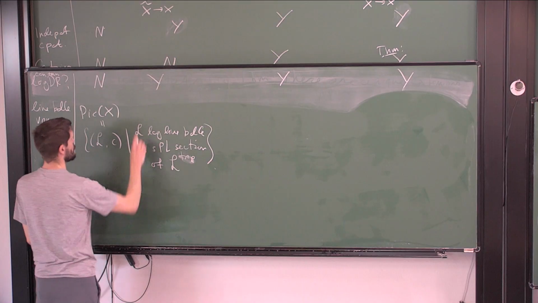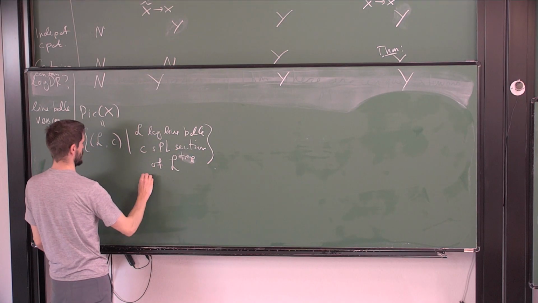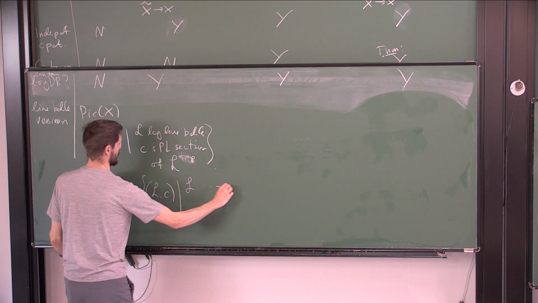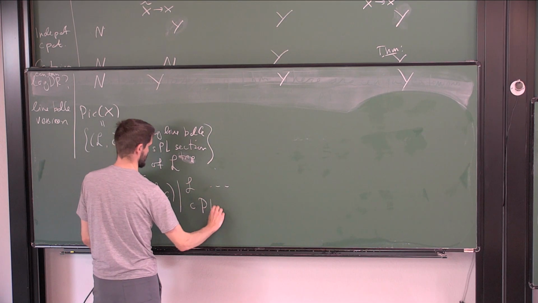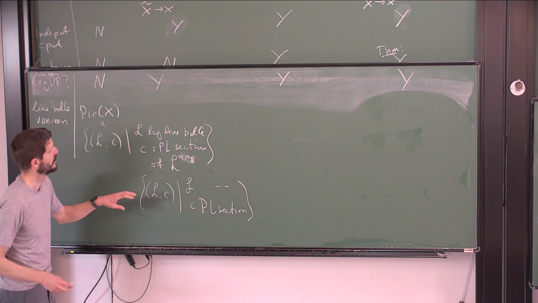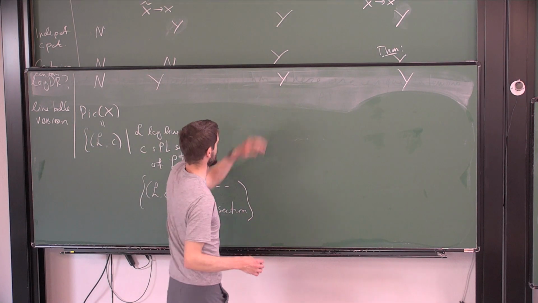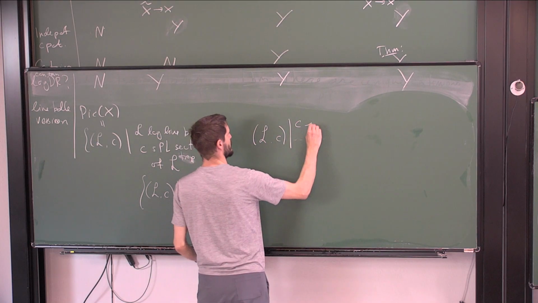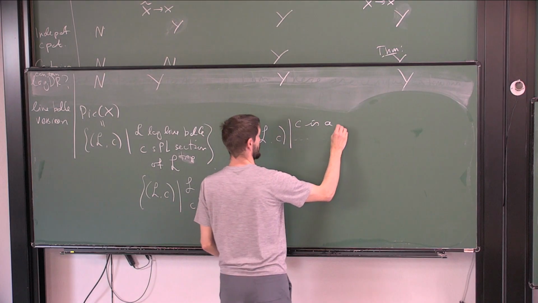So what happens here? Well, for the small log Chow, it's always the same. We just look at pairs (L, C). L is exactly the same, and C is a piecewise linear section of the tropicalization. For these guys, it's basically the same: it is (L, C), where C is a continuous conical section.